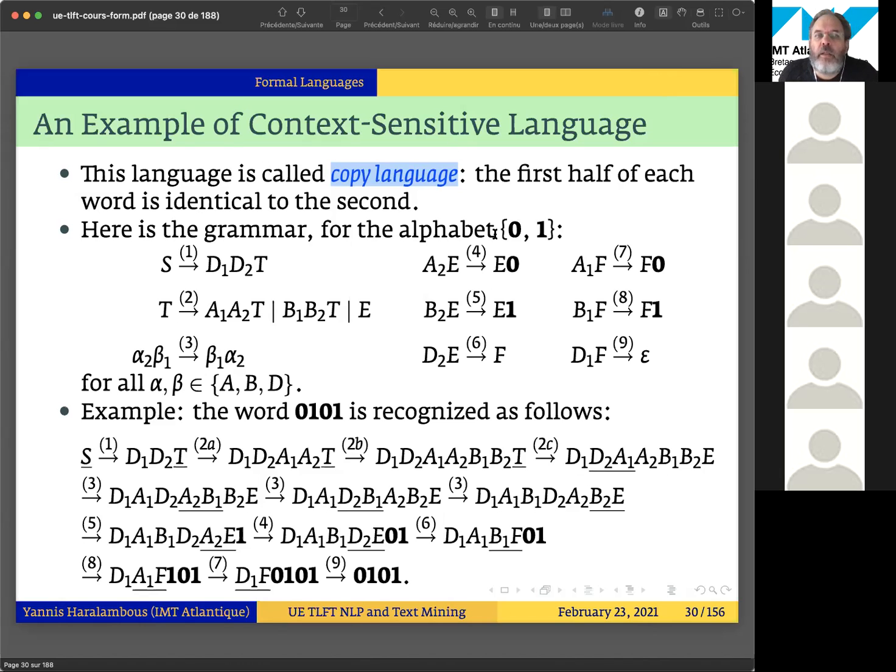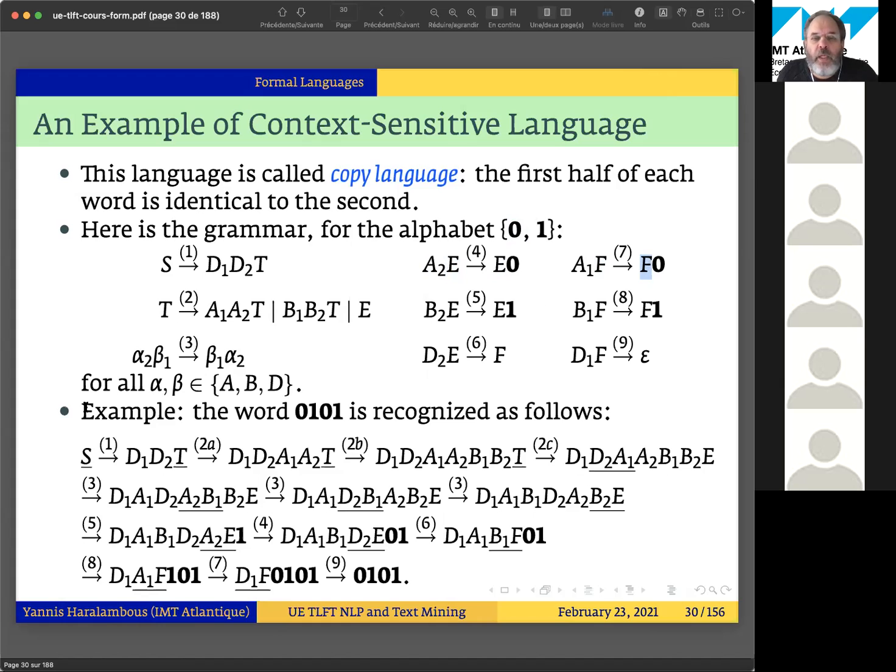And here it is. I'm taking the alphabet 01 for simplicity. I'm giving some rules. And as you can see, these rules involve the context. So here we have E that remains, but E should be preceded by A2. Here we have F that remains, and so on.